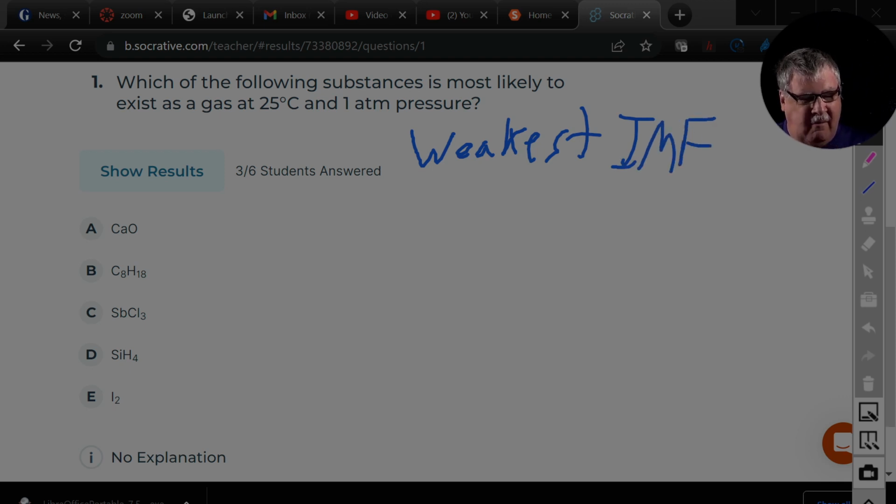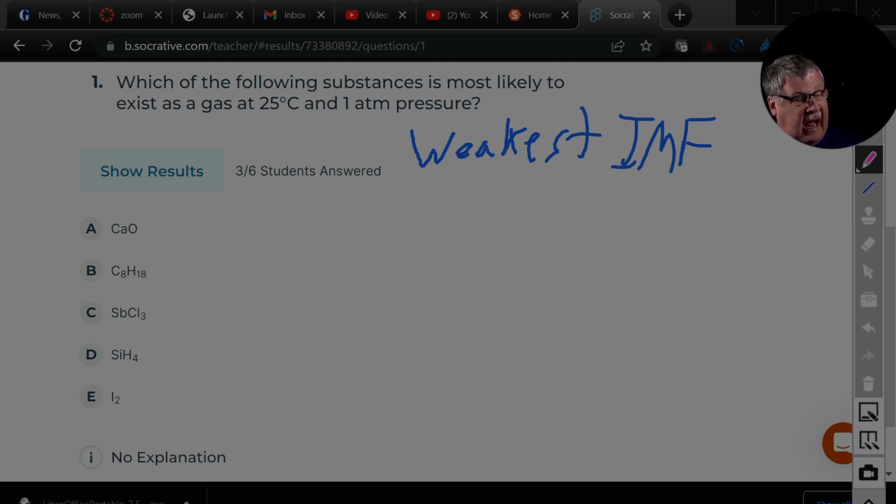If you think about the intermolecular forces we talked about, which are dispersion forces, dipole-dipole interactions, and hydrogen bonds, the first thing we want to look at is things that only have dispersion forces, molecules that are non-polar, in other words.